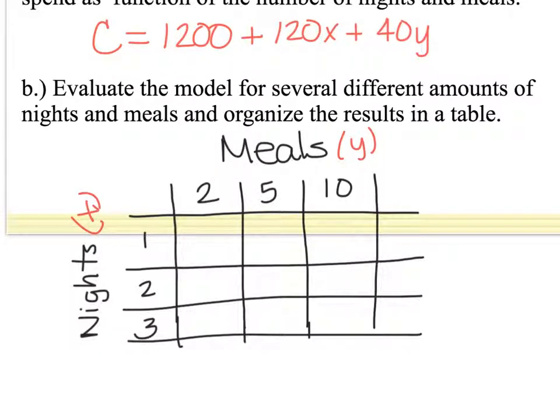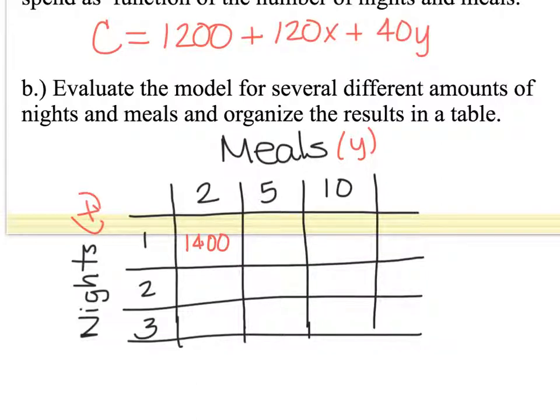So if I take this 2 and plug it in for my y, and this 1 and plug it in for my x, I end up with 1200 plus 120 plus 40 times 2, which is 80. So 1200 plus 120 plus 80 is going to give me $1,400 that I've spent.